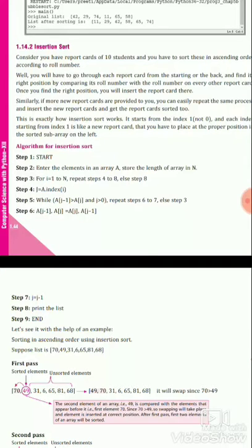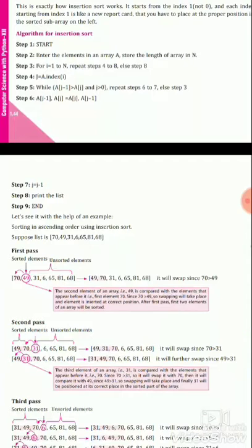Then step 4: j equals I, and while j is greater than 0 and A[j-1] is greater than A[j], repeat steps 6 and 7, else go to step 3. In step 6 we swap the values if the condition is satisfied. Then j equals j minus 1, meaning decrement of this variable, and print the list, then end.